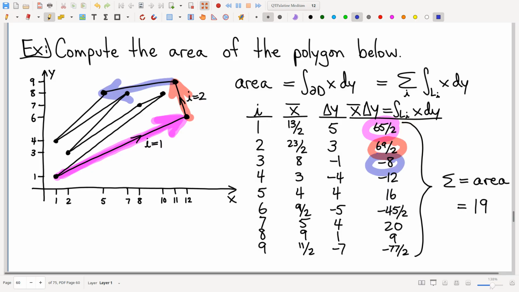Okay, there's several edges, but each one is easy. And then you just add them up to compute the entire thing. You add up all 9 of these, and your total area is 19. And we didn't even have to get our hands dirty. No trig, no square roots, nothing weird. Simple arithmetic.